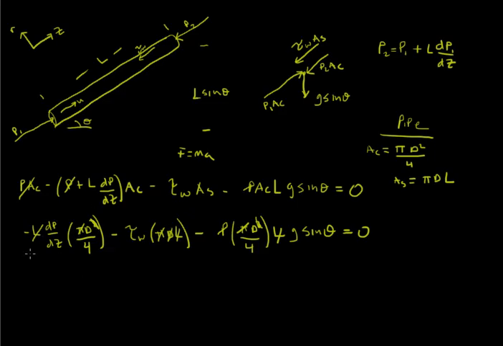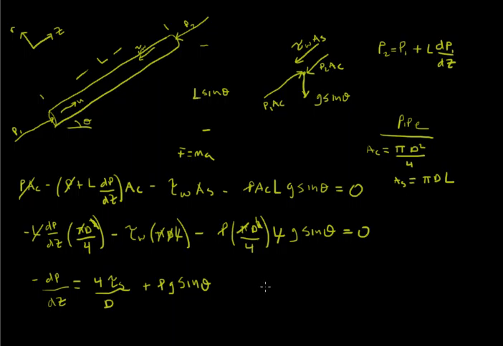And I'll get a negative dP/dz, and this is going to equal 4 times shear stress divided by the diameter plus rho g sine theta.